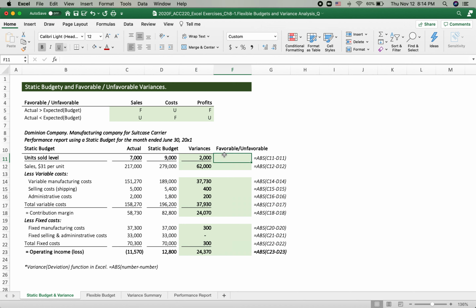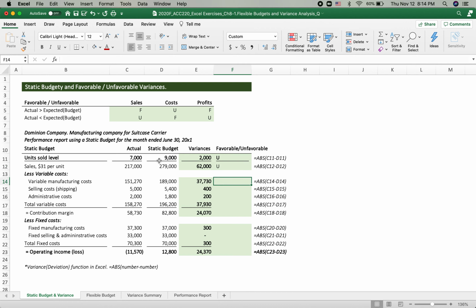So let's identify if it is favorable or unfavorable. For the sales unit, the actual sales was lower than the static budget, so this is unfavorable. And sales amount is also definitely unfavorable.